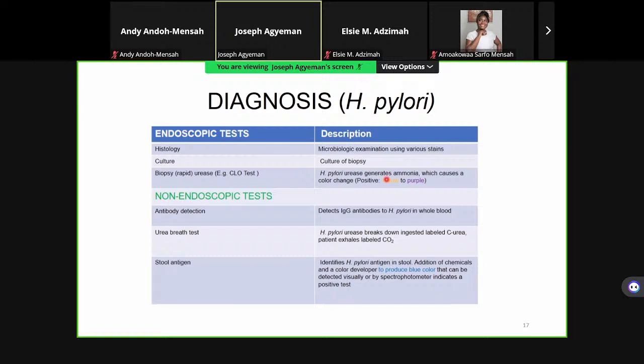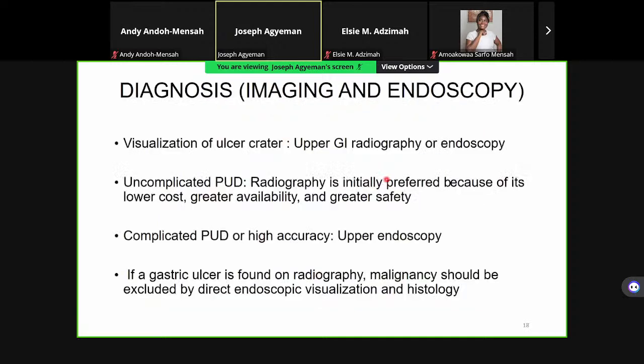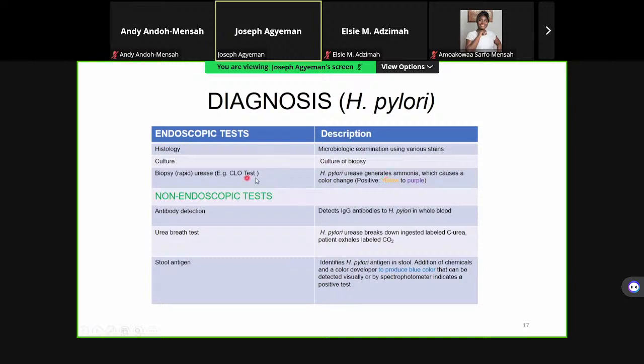H. pylori. So urease will break down the urea that has been incorporated into the reagent or the test kit. Ammonia will be released, and there will be a color change from the yellow, the original color of your reagent or the test kit, to a purple color. And this shows that ammonia has been produced.